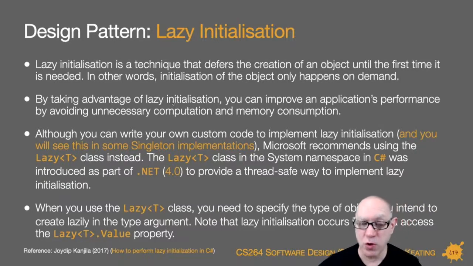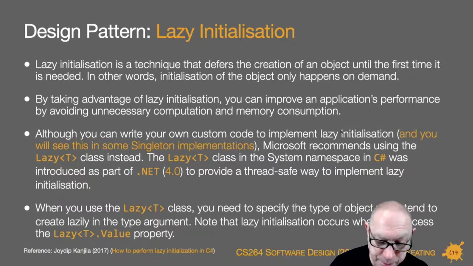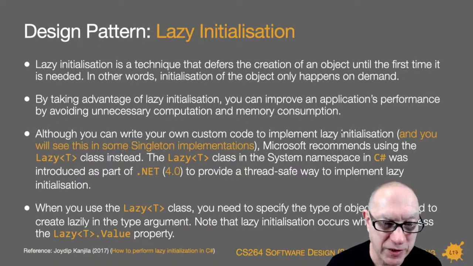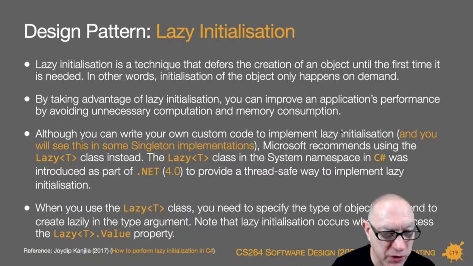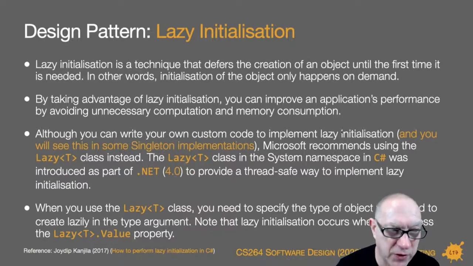You can write your own custom code to implement lazy initialization, and sometimes you'll see an example for C# that says here's a lazy implementation, and you wonder why that is lazy. A lot of the time it has to do with the use of static and properties, and it might not be obvious to you that it's lazy or not.